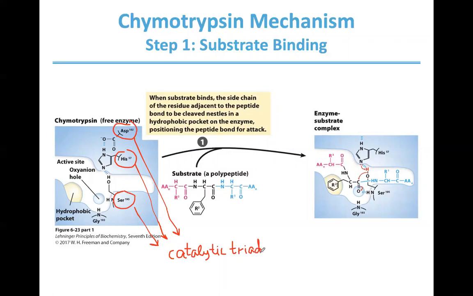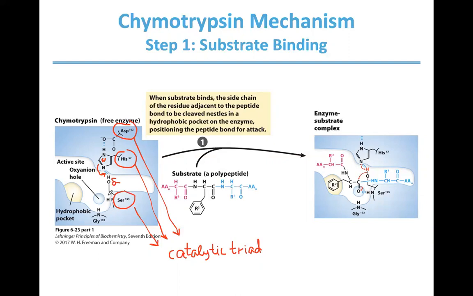Look what's happening here. Aspartate, which is deprotonated, is a base. It will remove the proton from the imidazole of the histidine. Then if you think about how the electrons shift from one nitrogen to the other, the other nitrogen will remove the proton from serine. And so this serine will start gaining partial negative charge. So this serine becomes quite nucleophilic.